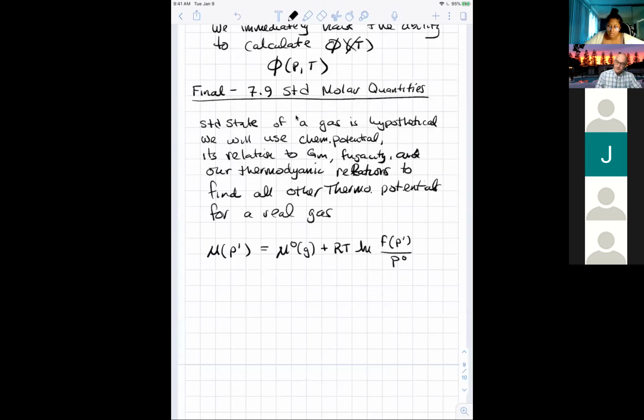Okay, well, we can break this last fugacity term up into two chunks, right?